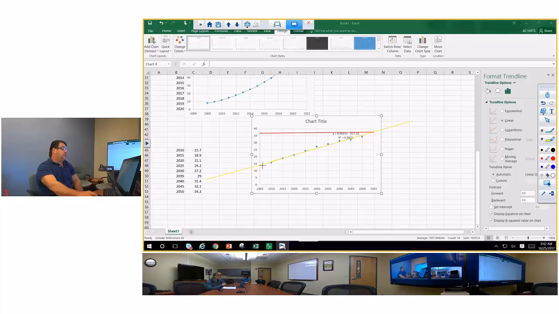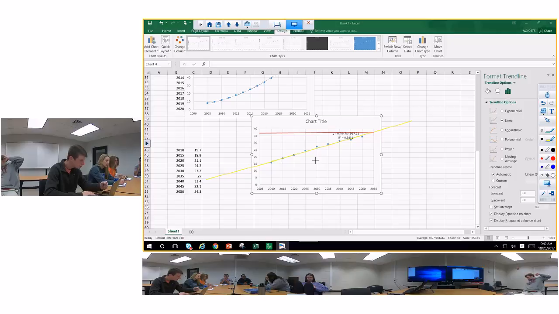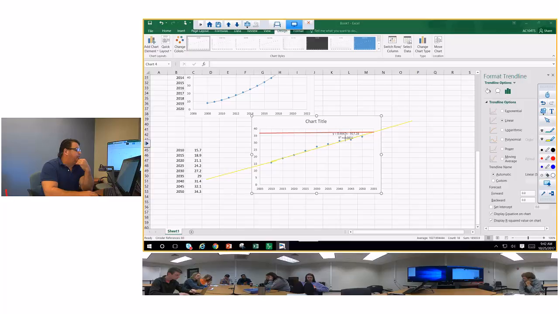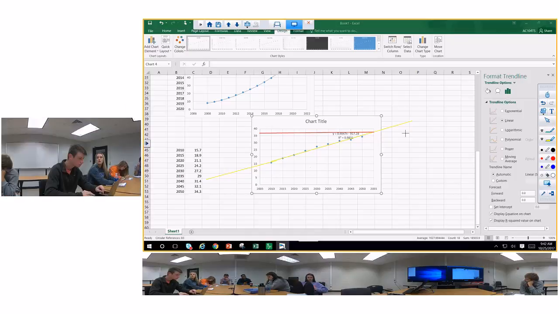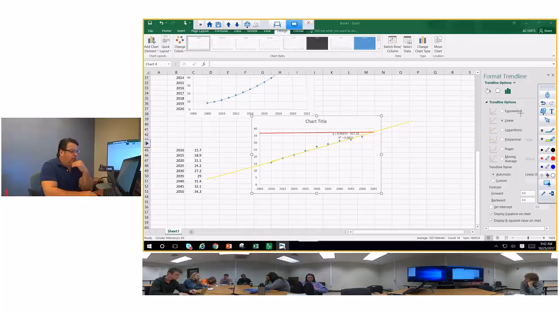And then this one, if you plug in 0, that doesn't look right. It says the y-intercept is negative 917. Either I'm looking at something wrong, or if I plug in 0 for x, I get that, but it doesn't line up. Let me go to polynomial.